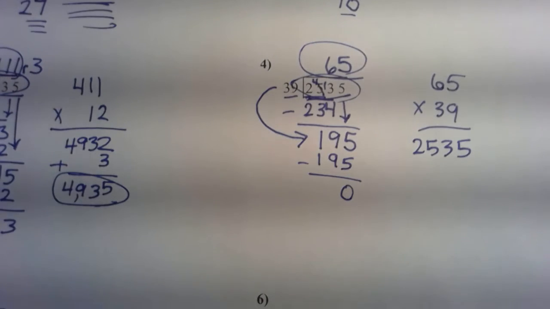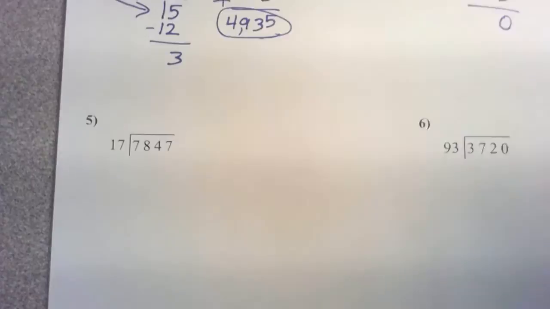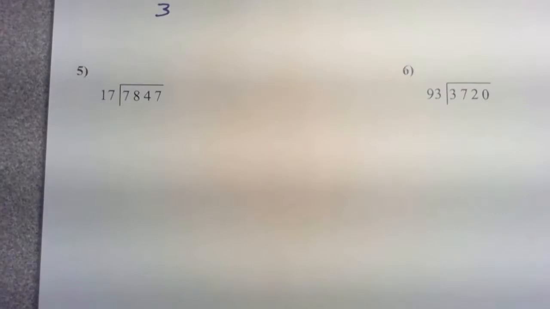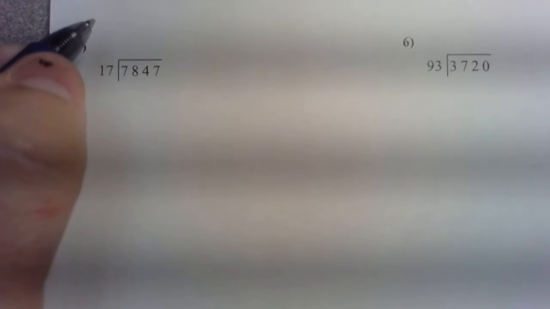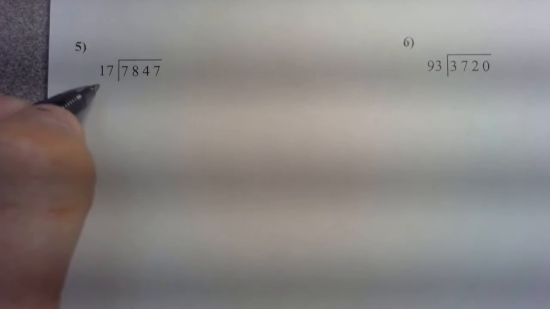All right, who wants to try number 5? All right, Asher Thompson, help me out with number 5. Everybody listen to Asher. Okay. 78. 17 into 78.